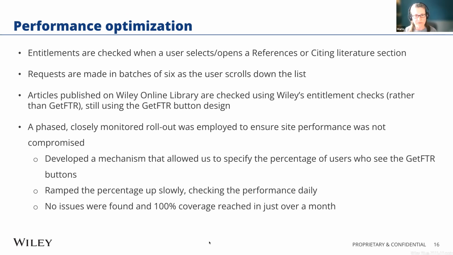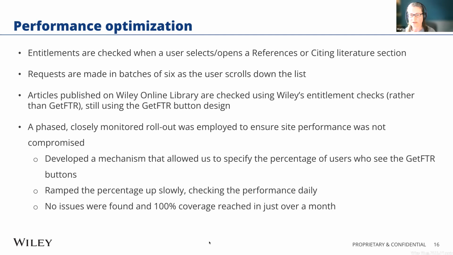We don't try to call all of those at the same time. As the user scrolls down, it will call the entitlements in batches of 6. And we also use our own local entitlement check for content that is already published on the Wiley Online Library platform. So those are some things we did during implementation to make sure that the front end didn't take too much of a hit.